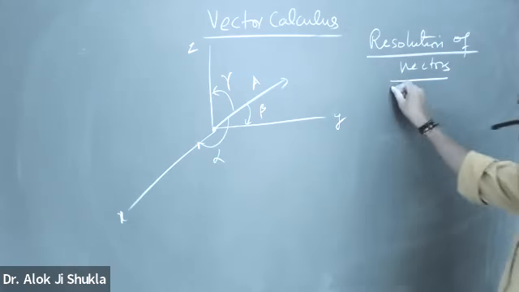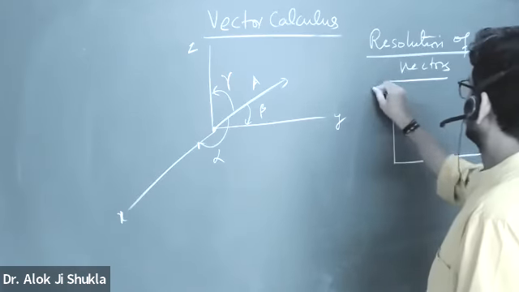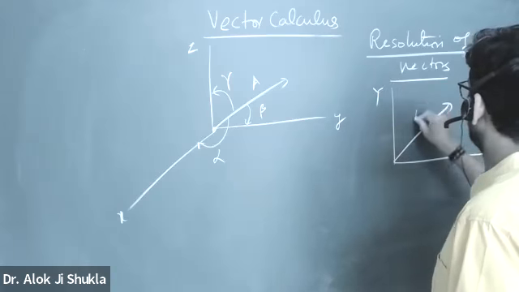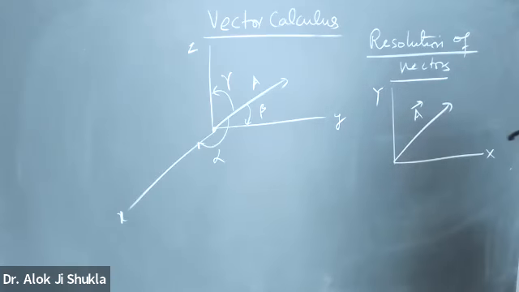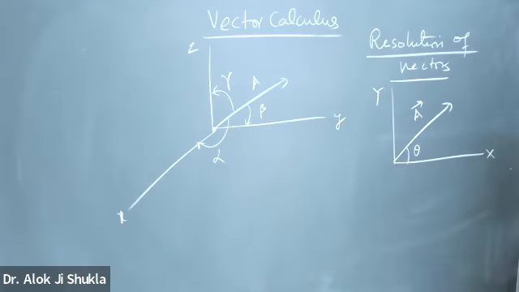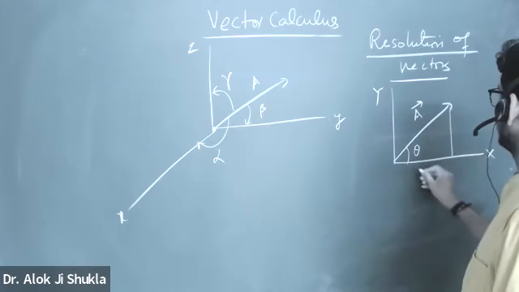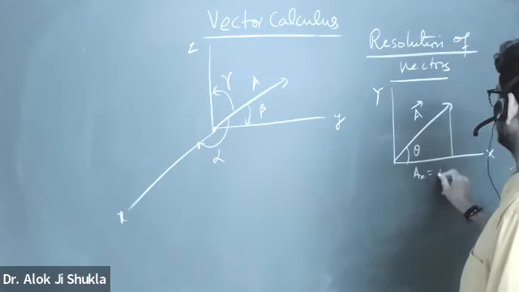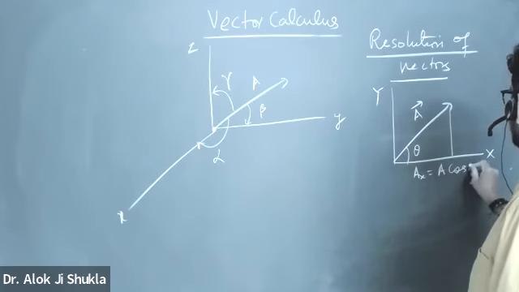Like in 2D, first of all, understand. Suppose you have a vector like this, A vector, and this is theta. So resolution means to know how much of this is in the x direction, how much of this is in the y direction. So you can just make a triangle. This is AX, and by simple trigonometry, it will be A cos theta.